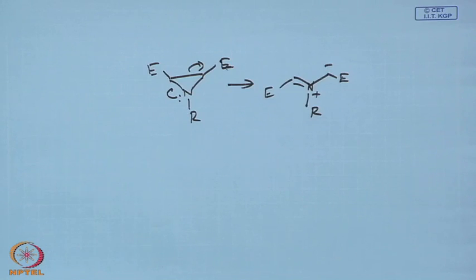So, 1,3 dipole is generated by aziridine, and this is very true for the aziridine cases, but there are epoxide cases also known. So, if you are interested, I can give you a homework.